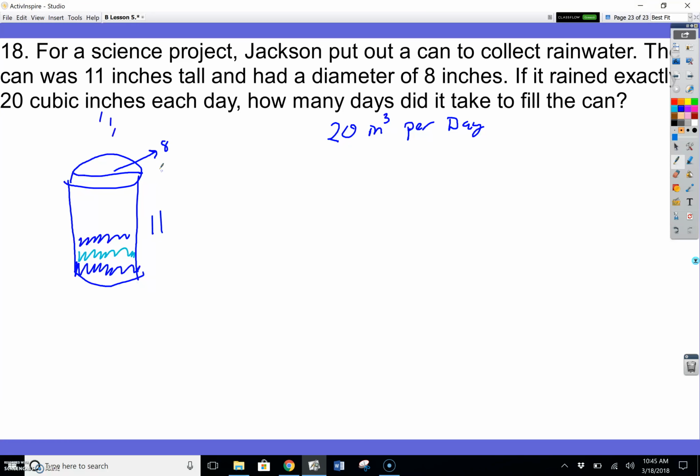So what we need to do is find the volume. So remember, volume equals pi r squared times the height. So volume equals 3.14 times my radius squared. So if my diameter is 8, my radius is going to be 4. So 4 squared times the height.